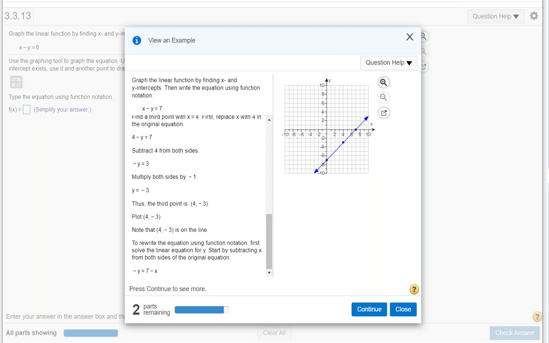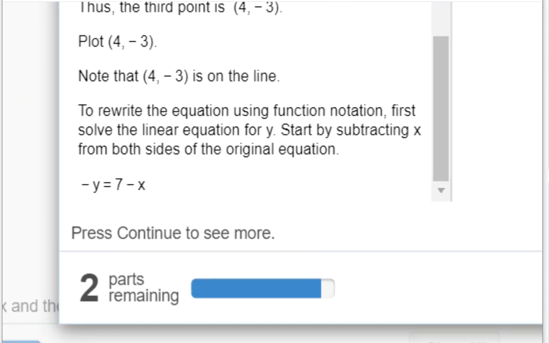So what I'm looking at now, though, is where they're at here. They're getting to the point where they're suggesting how to rewrite the equation using function notation. And it says first to solve the linear equation for y. Now we did this in class. This was my suggestion, especially when solving systems of equations.